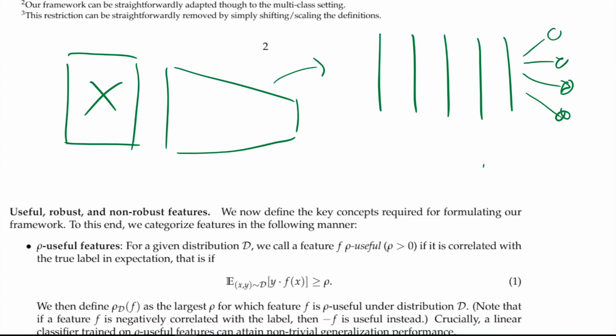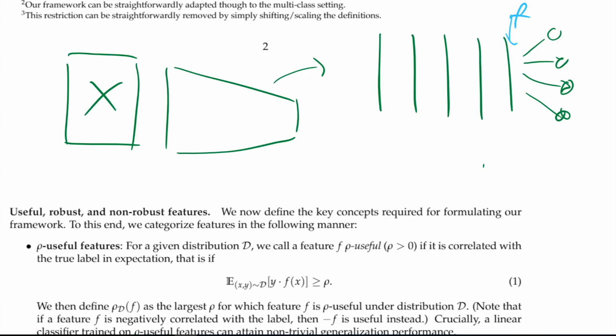And so the features, when they say a feature, what they mean specifically is the last representation before it goes into the classifier. And here they just establish a two-class setting.